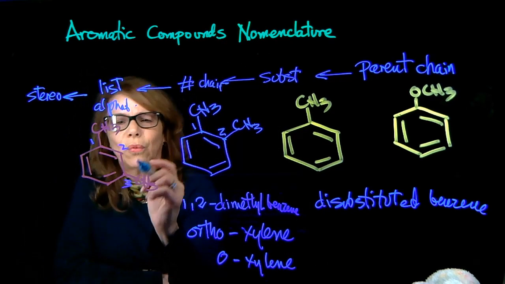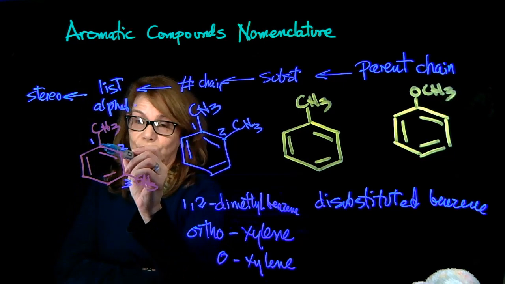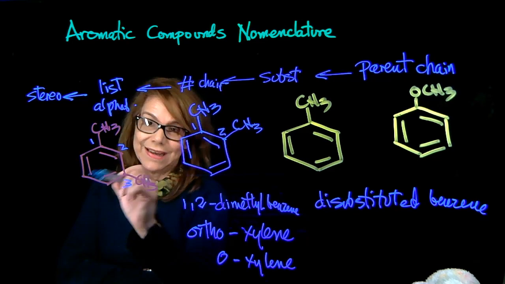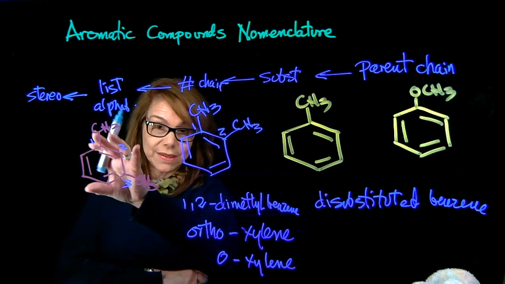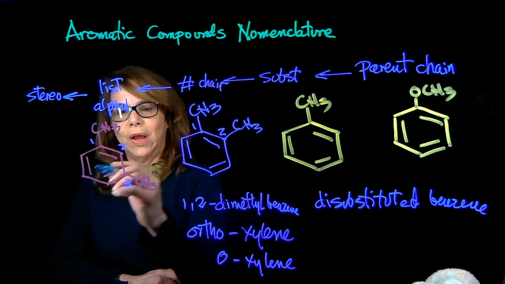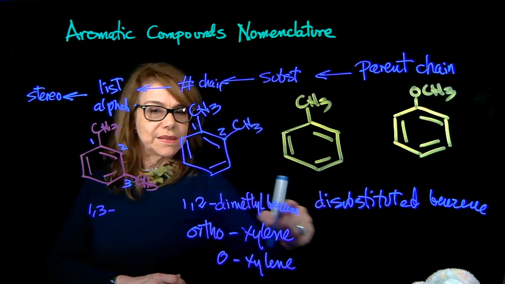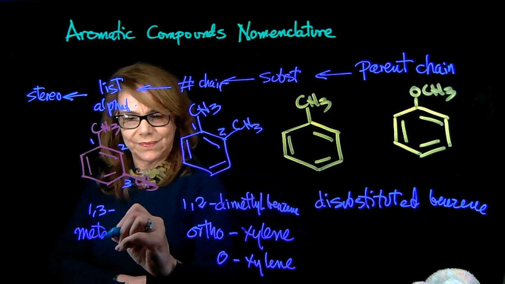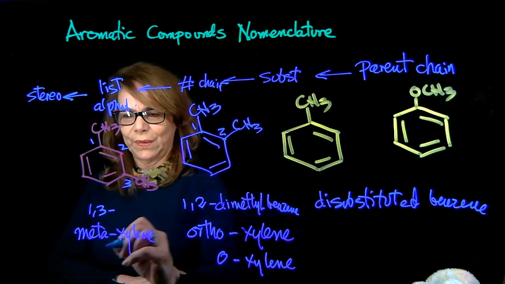Notice that we need to give the smallest number possible. I don't do 1, 2, 3, 4, and 5. Instead, I do 1,3 to give these two substituents on the benzene ring the smallest number possible. Now, this is the 1,3-dimethylbenzene, or we can also call it meta, and that's a common name, meta-xylene, or m-xylene.